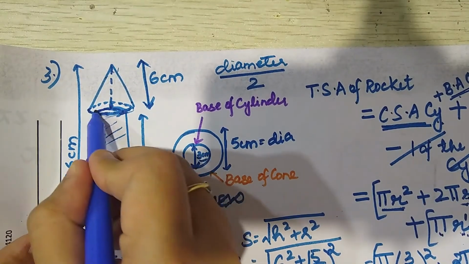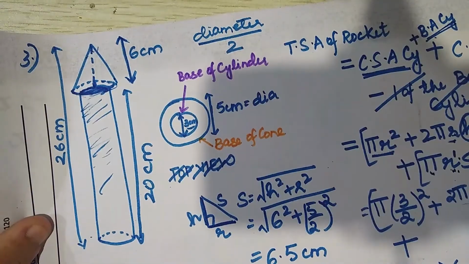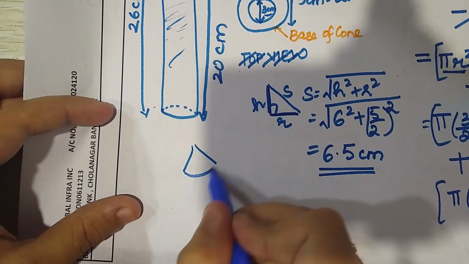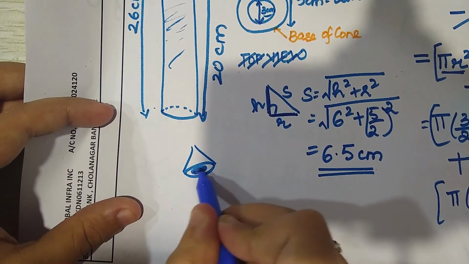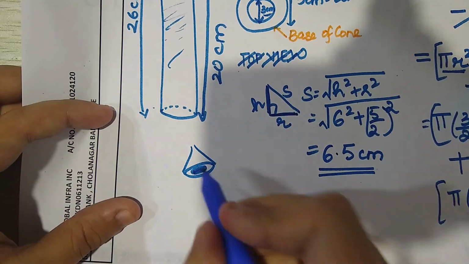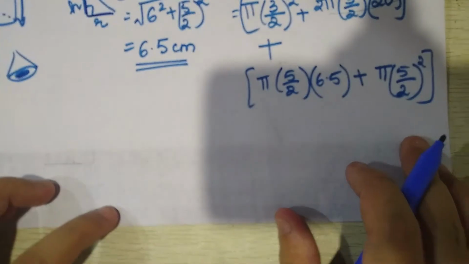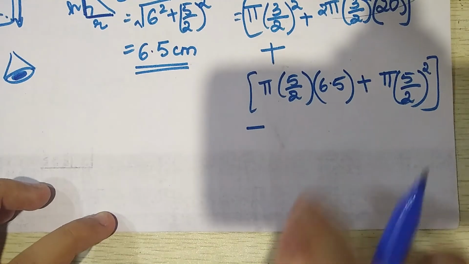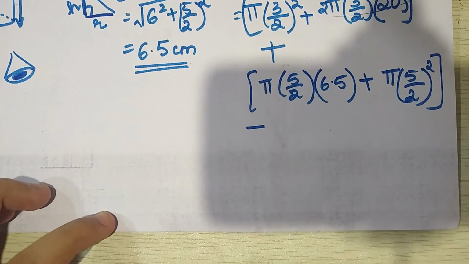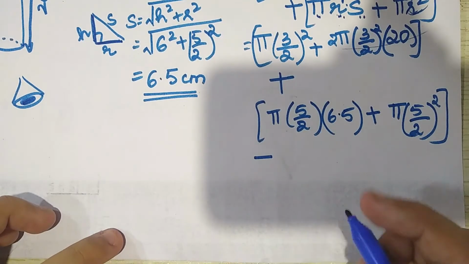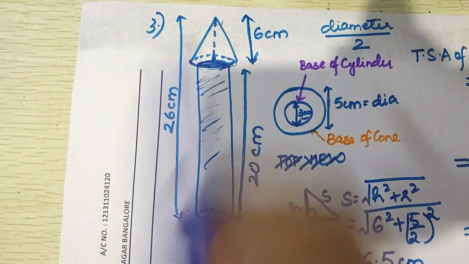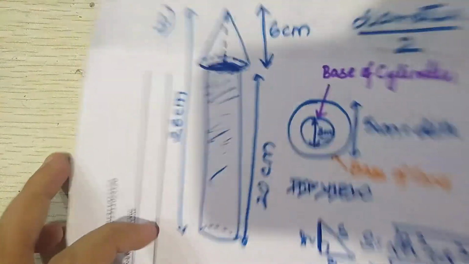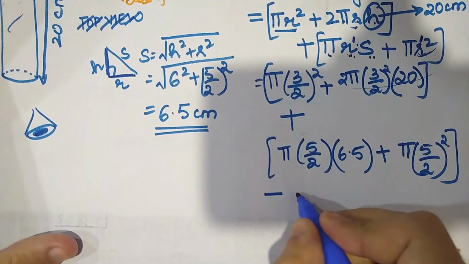So this will have to be deducted, which means from the cone, the cylinder part will be removed. To remove that cylinder part, minus the base of the cylinder will have to be deducted. So for the base of the cylinder, we have a circle. What is the area of a circle? It is pi r square.